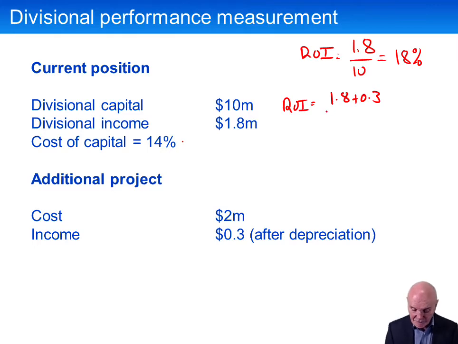And the investment will be the original 10 plus another 2. So we've got in here 2.1 divided by 12 is 17.5.